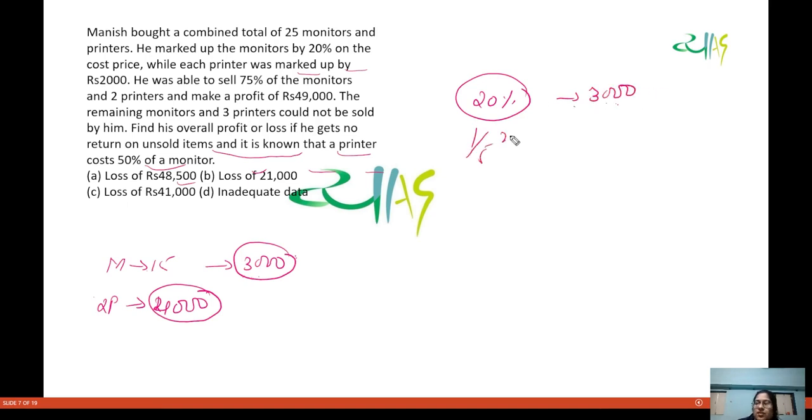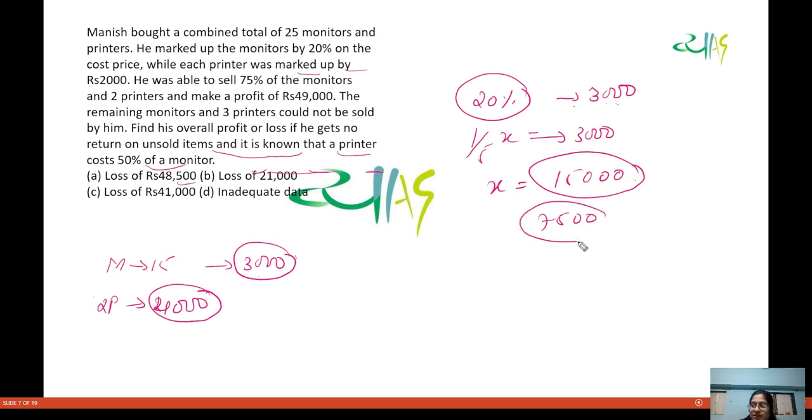That means 1 by 5 of x is 3,000, so x is 15,000. And it is known that a printer costs 50% of a monitor. So the printer cost is 7,500 rupees. This is the cost of the printer.